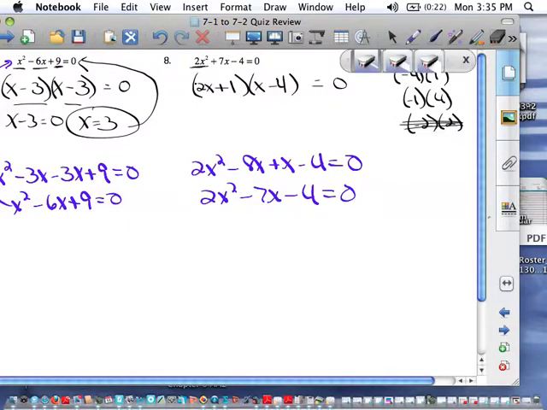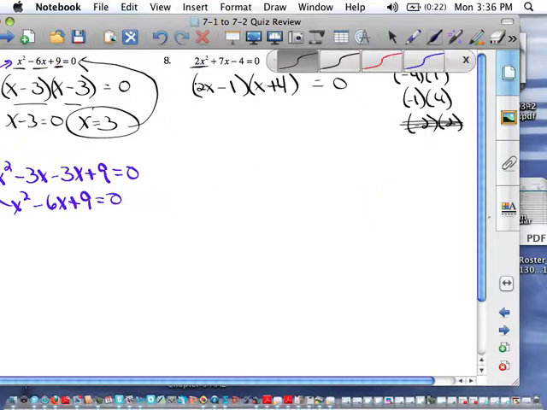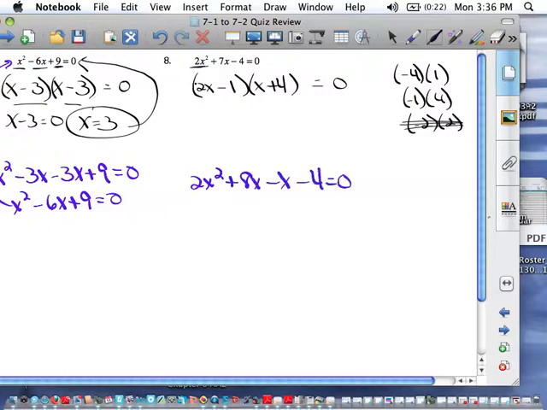I have one thing that I can see that I can change, and that is if I make this negative and I make this positive, then what happens when I FOIL that back? I will get 2x squared plus 8x minus x minus 4 equals 0. 2x squared plus 7x minus 4 equals 0.